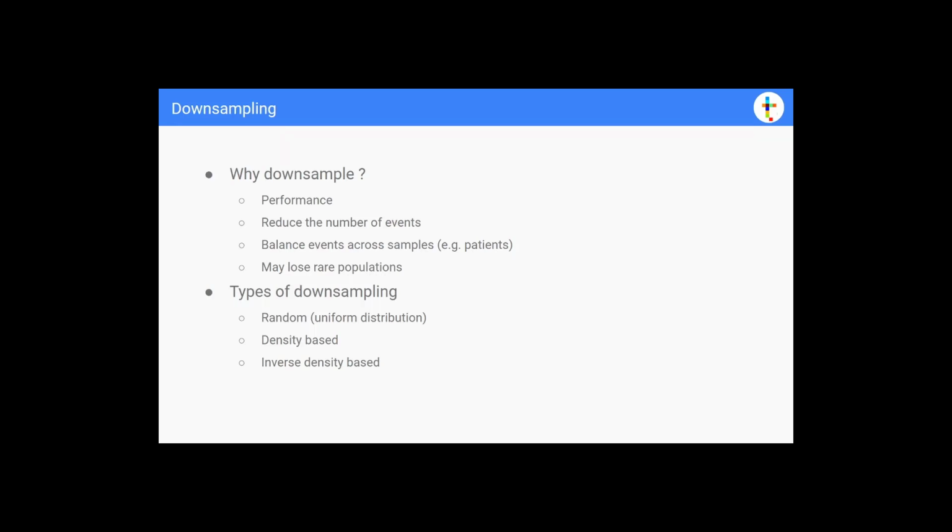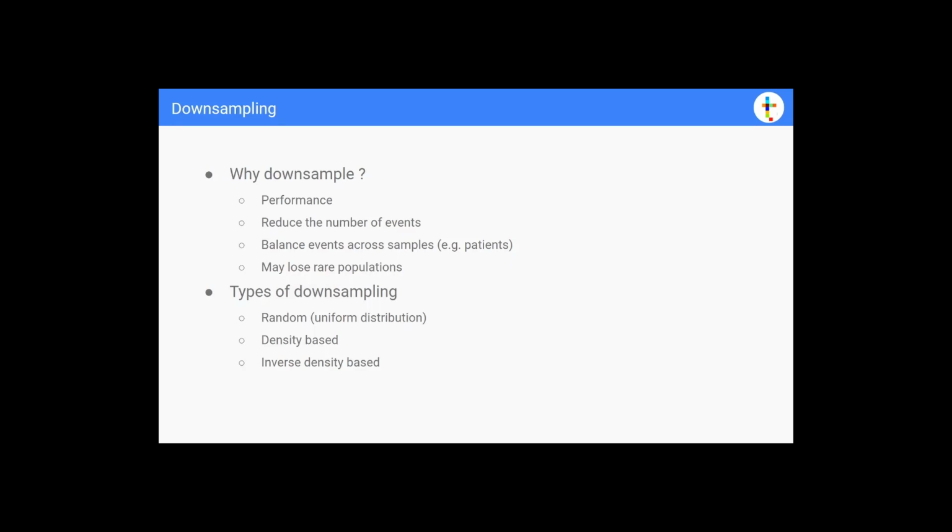But you can also reduce events because, for example, if you did multiple runs and each run was associated with a patient readout, or each run was associated with one patient, you'd like the number of events to be similar across the patient groups. So you want to be able to compare patients, and therefore you use downsampling to equalize all the events across patients.